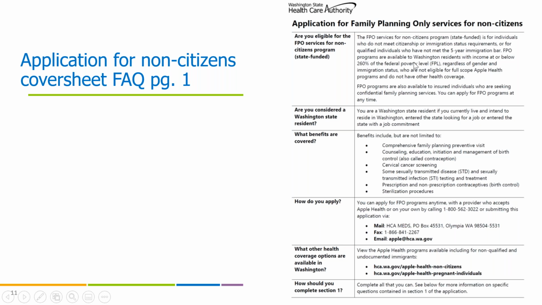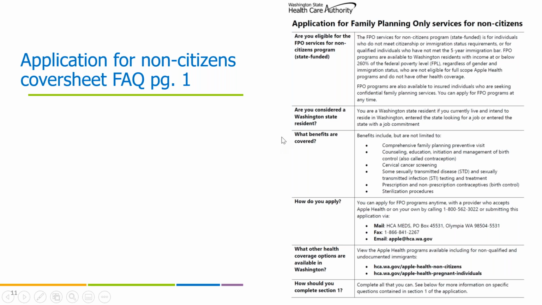FPO programs are available to Washington residents with income at or below 260% of the federal poverty level, regardless of gender and immigration status, who are not eligible for full scope Apple Health programs and do not have other health coverage. FPO programs are also available to insured individuals who are seeking confidential family planning services. You can apply for family planning only programs at any time.